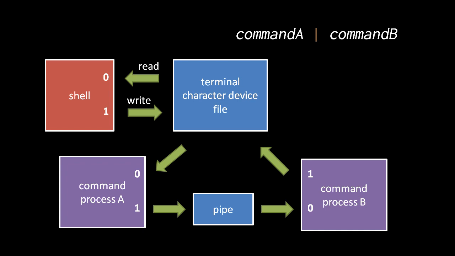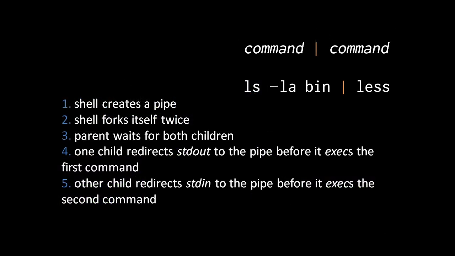The reason we have to involve a pipe is because processes can't read and write from each other like files. Processes simply can't do that, so we have to put a pipe in the middle. Looking at exactly what happens here, first the shell creates a pipe to connect the two processes, and then the shell forks itself, actually twice, and then the parent, the original shell process, waits for both of those children to complete.